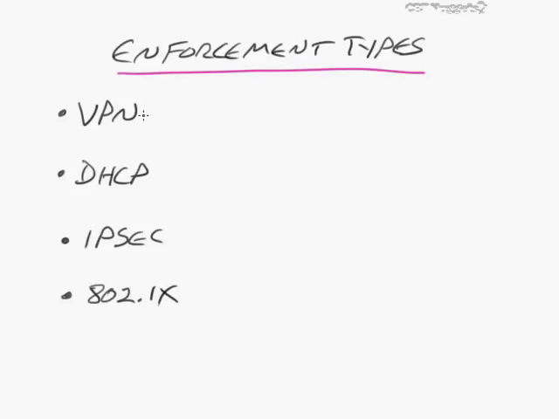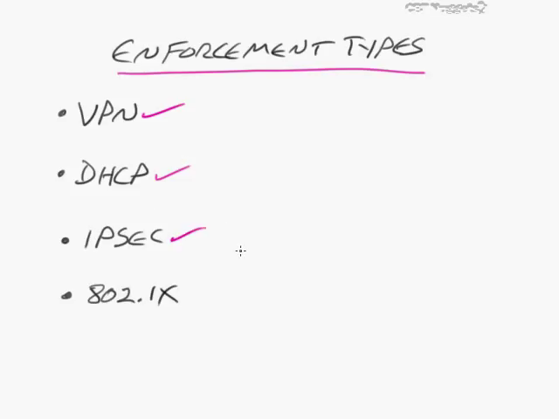If I have a home user that creates a VPN connection into my network every day, I can set up a VPN enforcement type so that anytime someone tries to connect using a VPN, the VPN service will check with the network access protection infrastructure to determine if they're healthy and if they're not, how to remediate it. Same with DHCP. The client wants a DHCP address from the DHCP server, but we're not going to give them an address that will put them into the public network until that's been checked out.